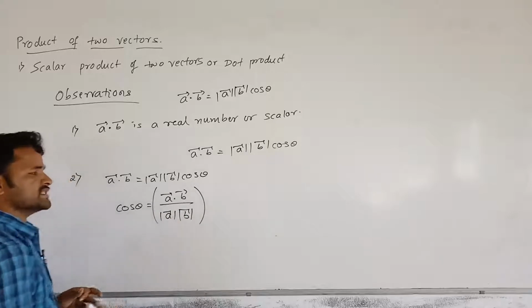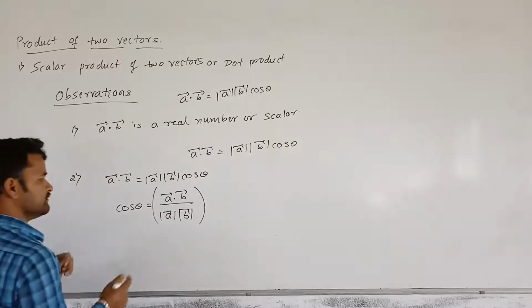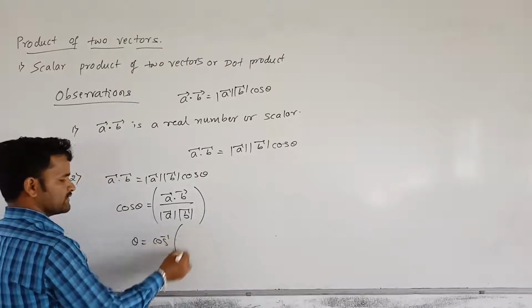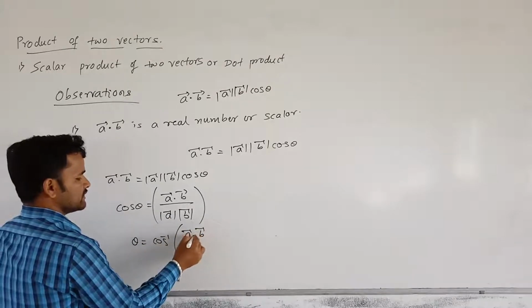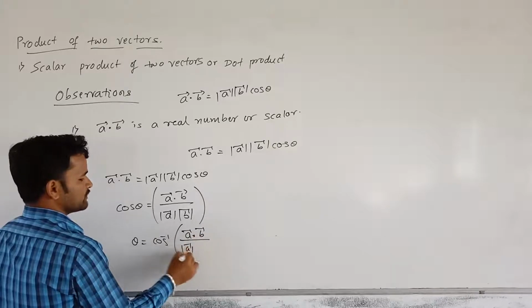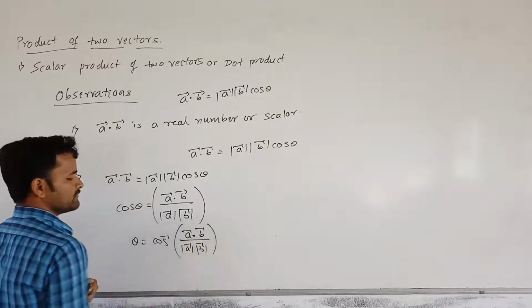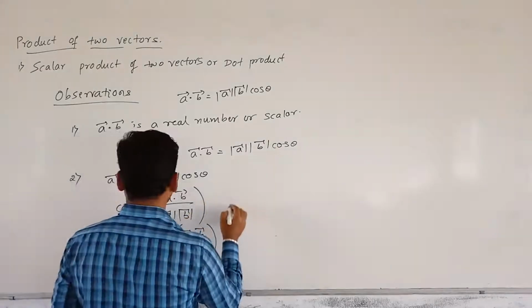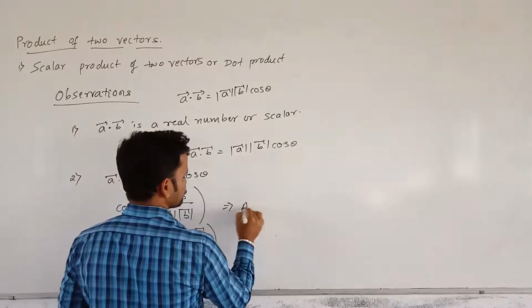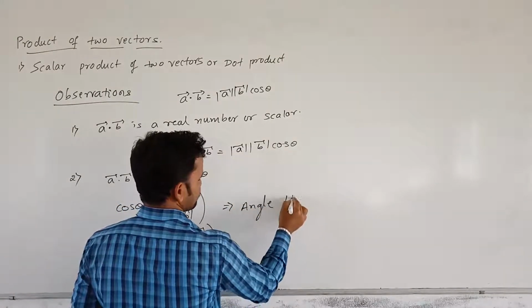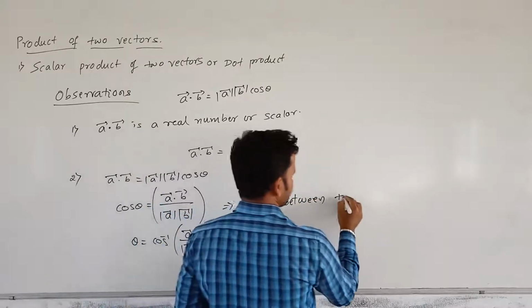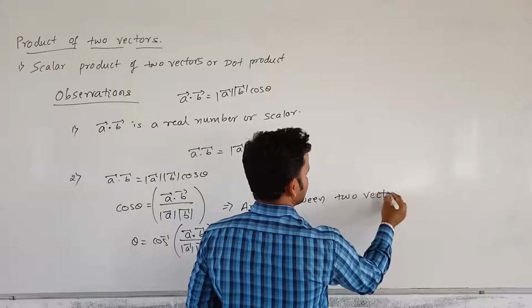What is this? This is the angle between two vectors. Then theta is equal to cos inverse of A dot B divided by magnitude of vector A into magnitude of vector B. Like this we can write, that is the angle between two vectors.